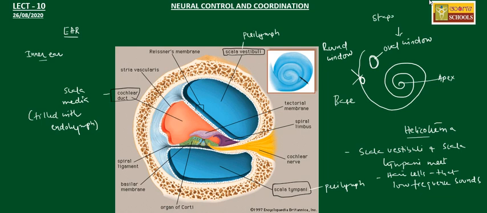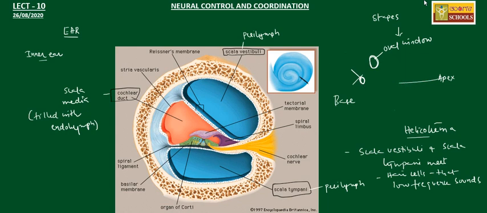The oval window passes into the scala vestibuli, and then the scala tympani ends with the round window. Let's see by straightening this cochlea.